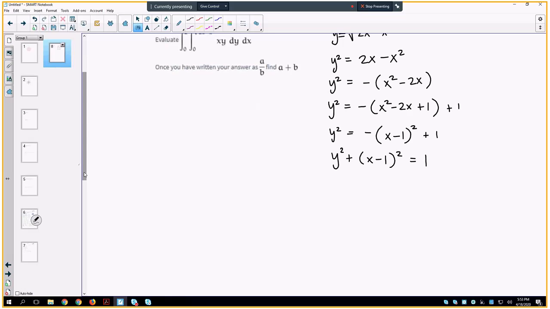The number 1 here, and the fact that there's nothing in the parentheses with y, gives me the center of my circle. So this is a circle centered at the x-coordinate 1, the y-coordinate 0, and the radius is the square root of 1, which is 1.